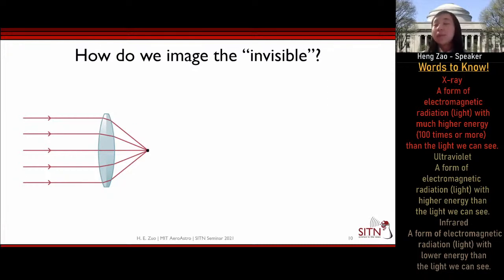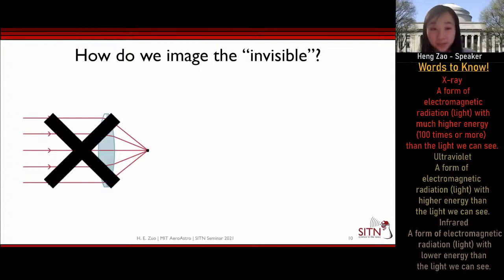You see a little bit, but you can't really see anything until you fully open your eyes, and then your pupil can start to image things and tell you, oh, that's your cat coming through. It's like that. So how do we image this invisible light? Because our eyes cannot see that. We build instruments.